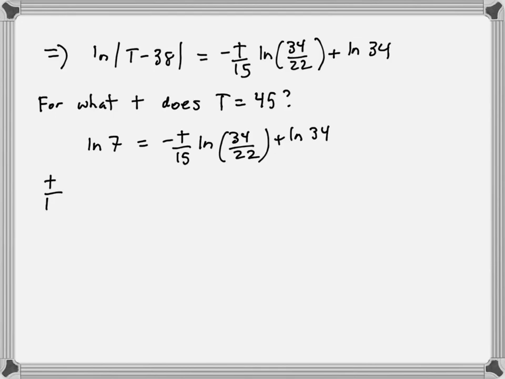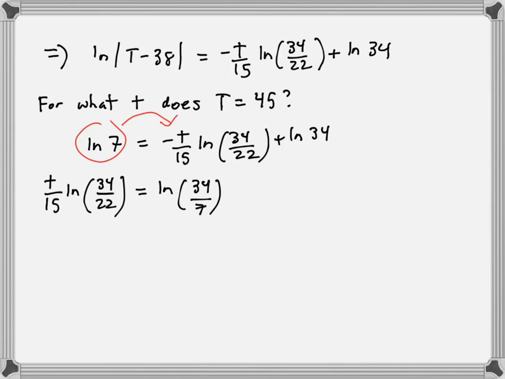I get t over 15 natural log of 34 over 22, and this is going to equal the natural log of 34 over 7. What I really did is move this to the other side, and move all of this to this side, and then I combined the ln of 34 minus the ln of 7, okay?